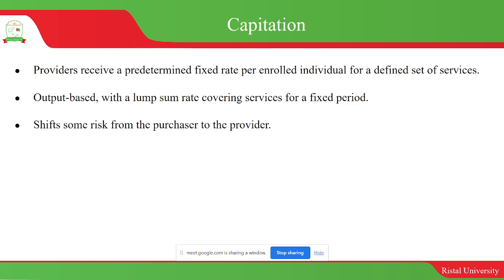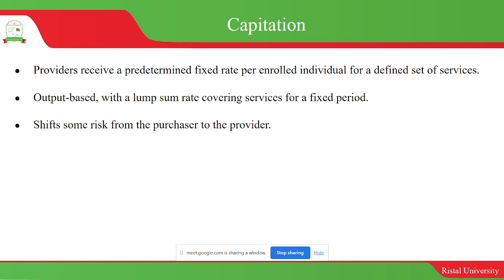So capitation is what I've just explained, that you receive a given amount of money for every individual that you handle, regardless of the nature of services that they are going to receive. But of course, there is a predetermined set of services that they can receive.